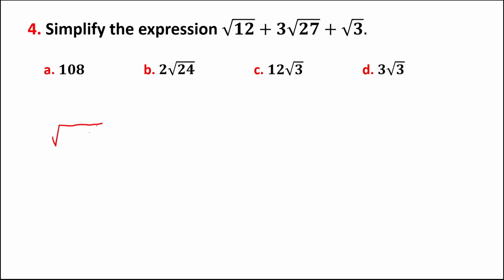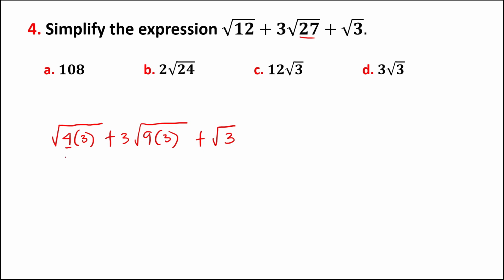Since square root of 12 is equal to square root of 4 times 3, then plus 3 times square root of 27, which is 9 times 3, then plus square root of 3.